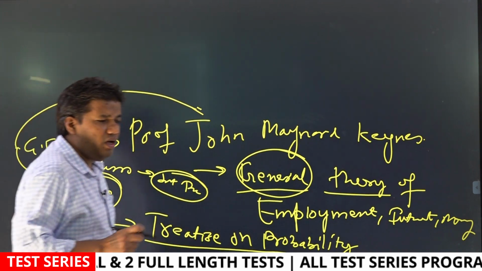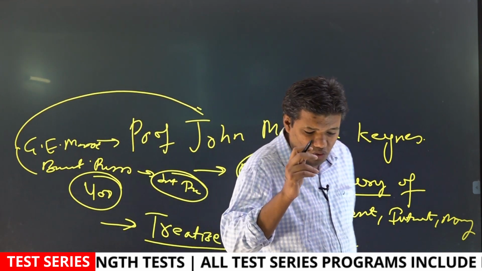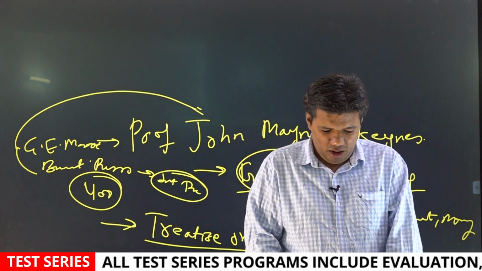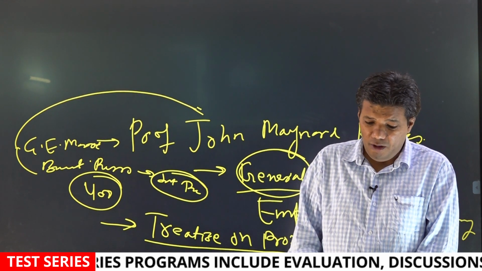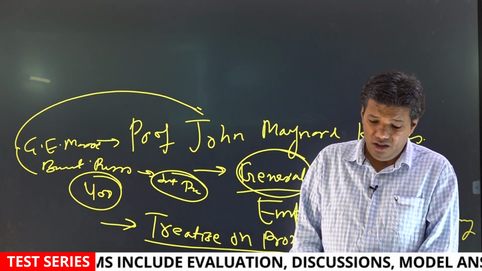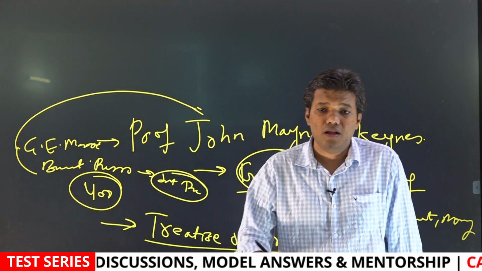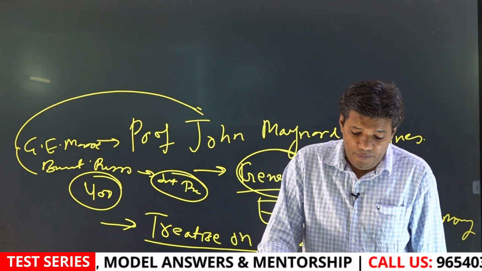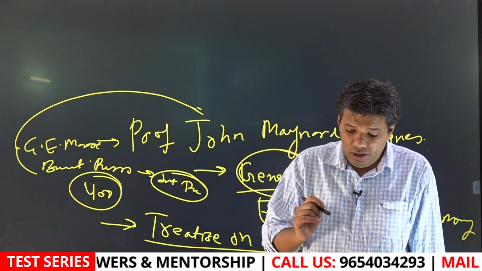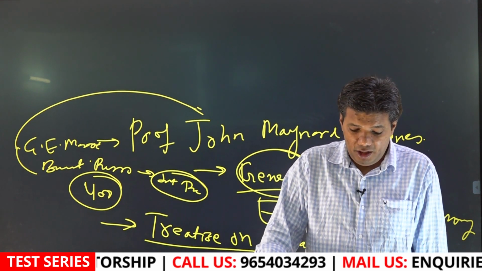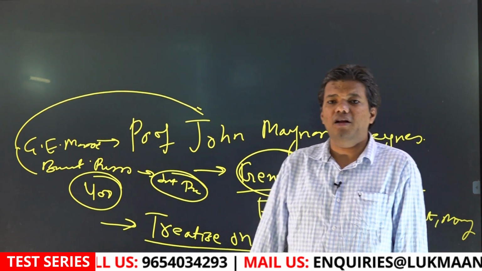Now let me read from the original book what Professor Keynes writes about the postulates of classical economics. He writes, the classical theory of employment, supposedly simple and obvious, has been based on two fundamental postulates.